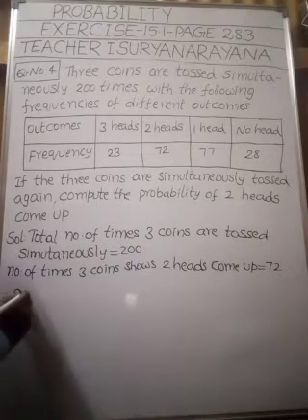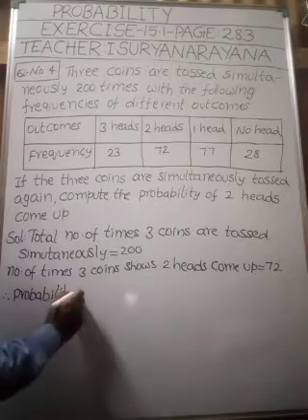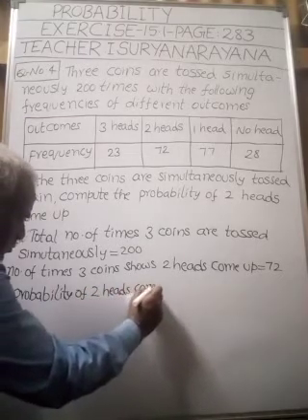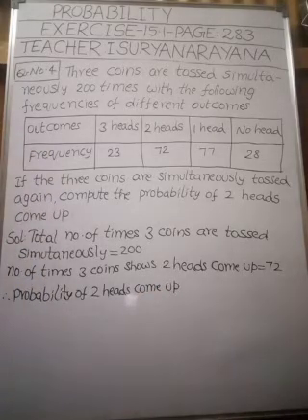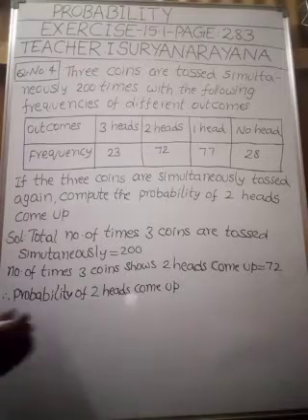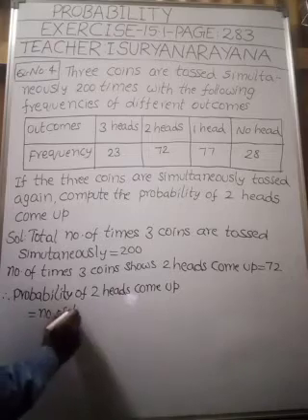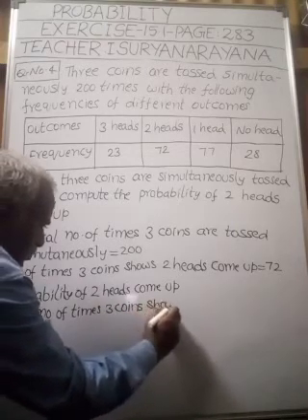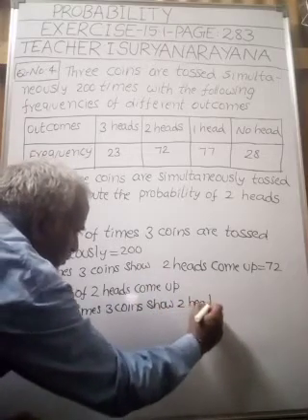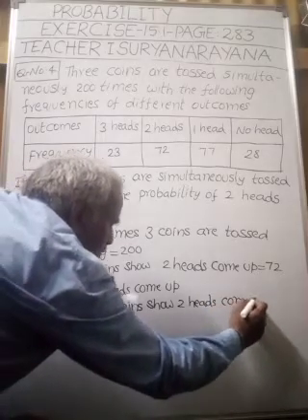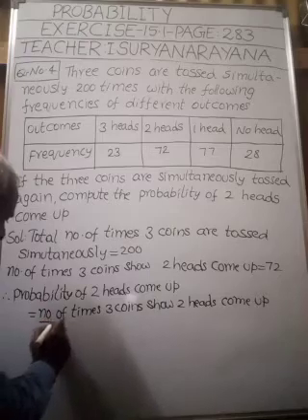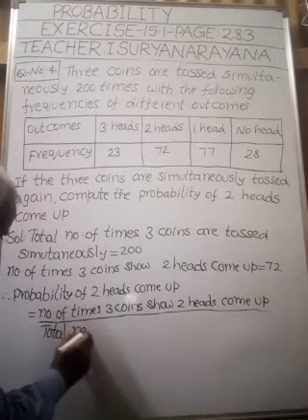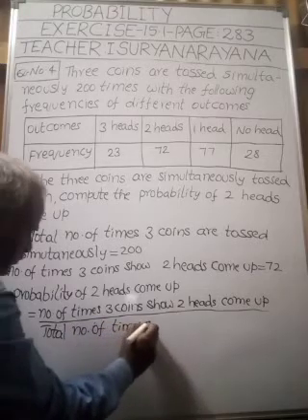Therefore, probability of two heads come up is equal to number of times three coins show two heads come up, divided by total number of times three coins are tossed.